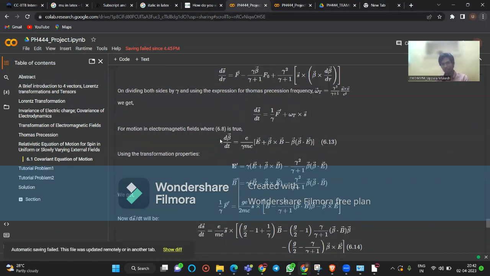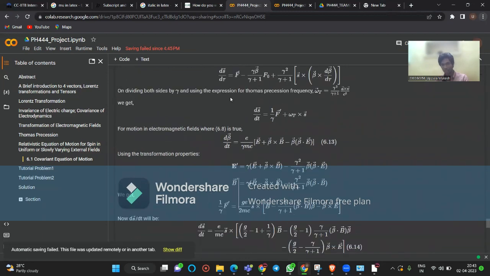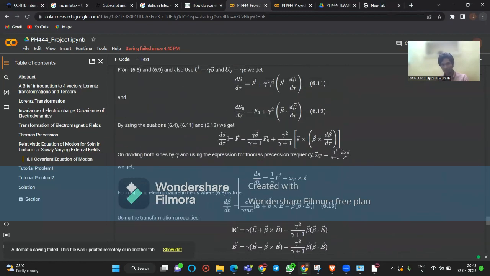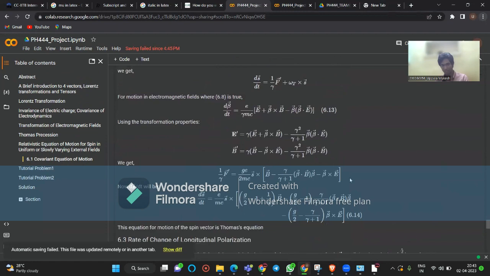For motion in electromagnetic fields, you have the result db bar by dt equal to e bar by mc times E bar plus beta bar cross B bar minus beta into beta bar dot E bar. And using the transformation properties of your magnetic field, B prime equal to this one, which is done in the previous section, we are rewriting the above equation in terms of F bar prime, and we get this.